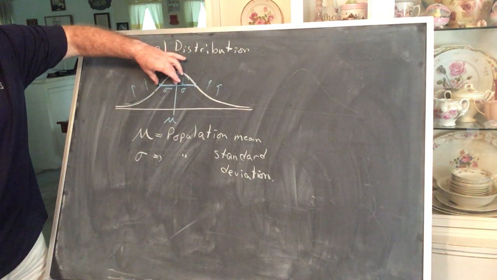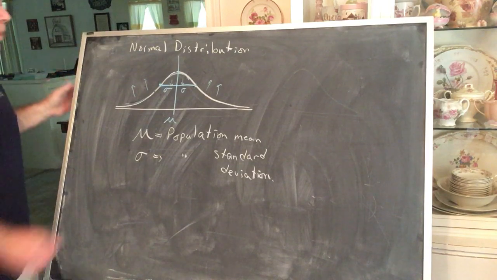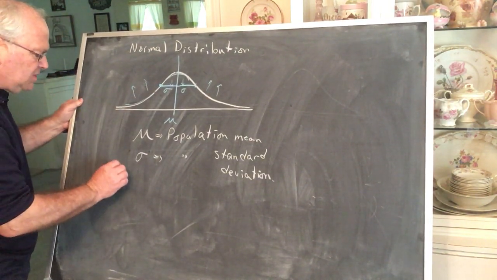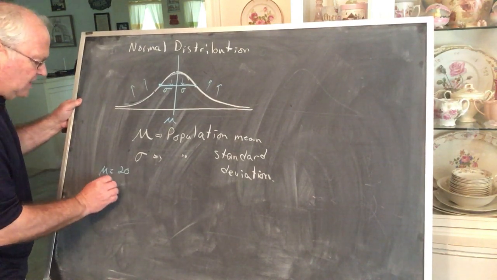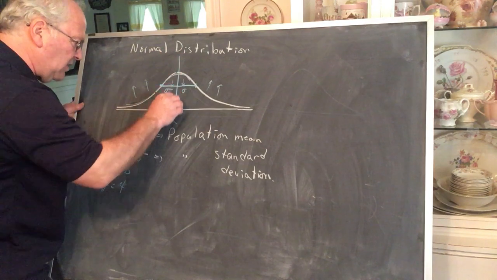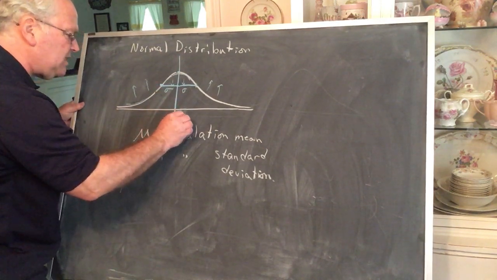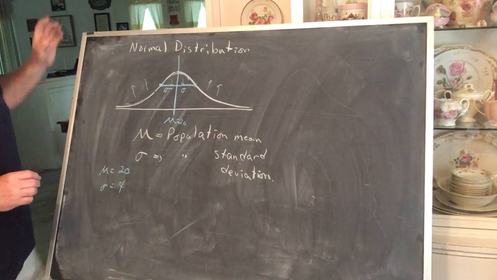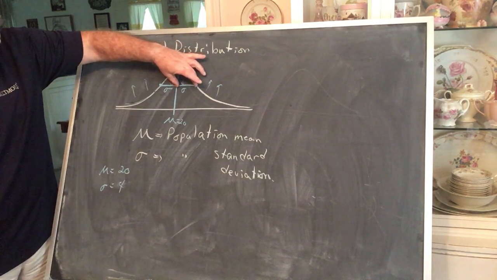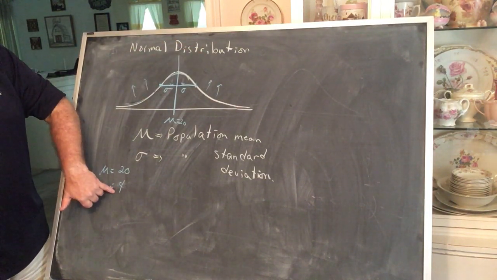If the standard deviation is, let's say, 4, let's suppose we're doing a problem where the mean is equal to 20 and the standard deviation is equal to 4. Then this is centered on the number line at 20. But the distance between the center and where this change of concavity occurs is 4 units.